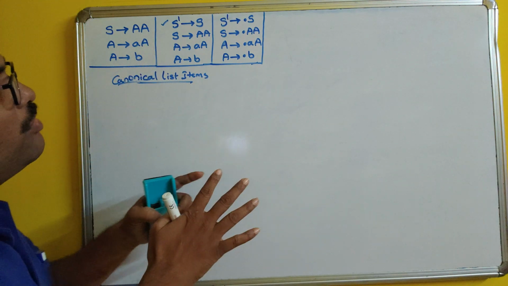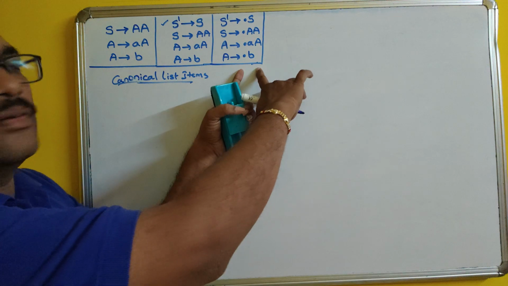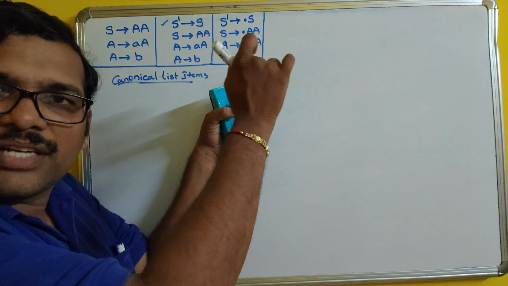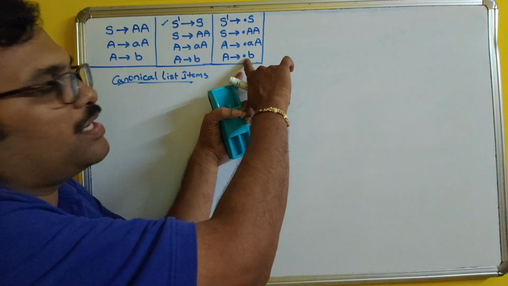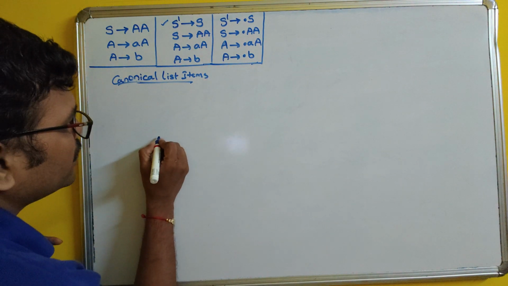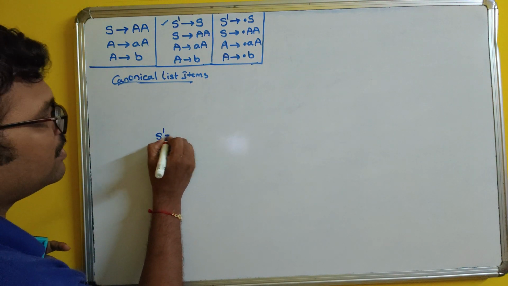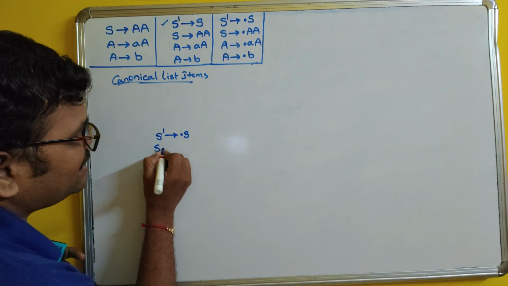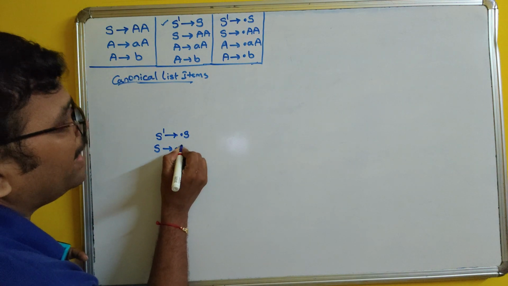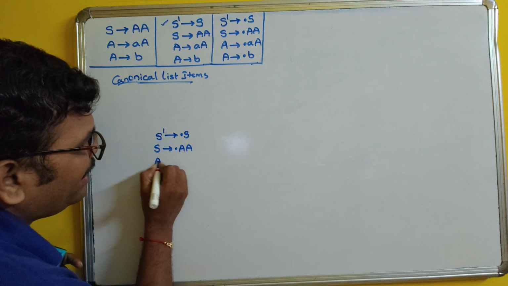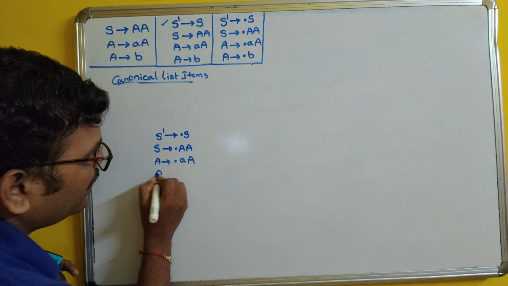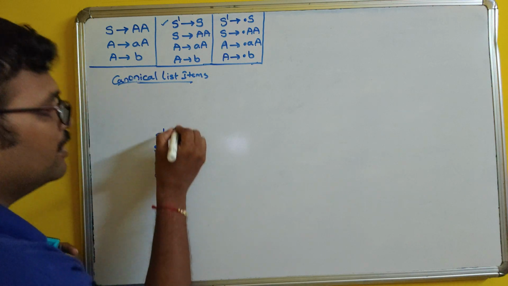First take down all the productions where parsing is about to start with a dot. So I'll go with this one: S dash tends to dot S, S tends to dot A, A tends to dot small a capital A, and A tends to dot b.